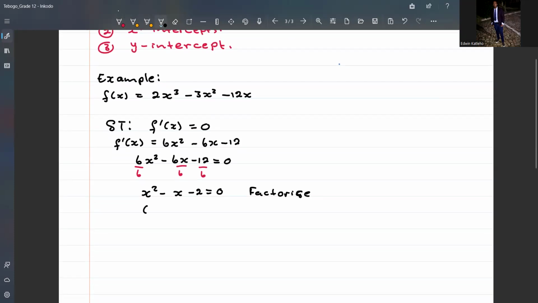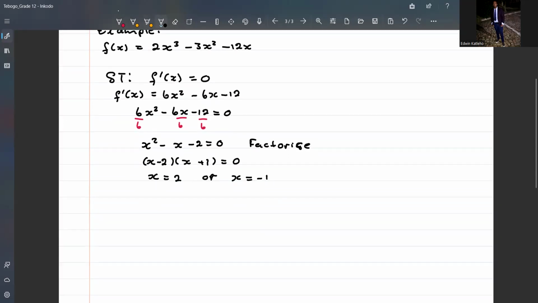So when we factorize this, we get x minus 2 and x plus 1. From here, we know the x coordinates will be x equals 2 or x equals -1. So we have just determined the x coordinates of our stationary points.